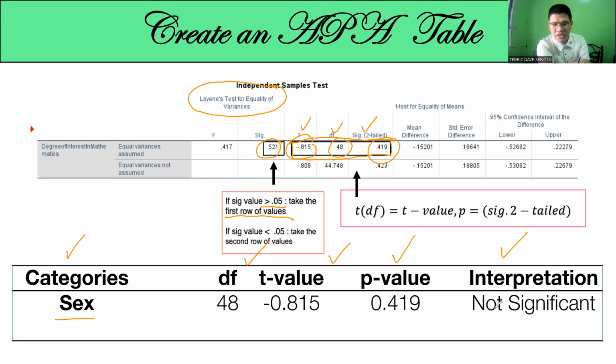And then the interpretation depends on your p-value. Since it is greater than 0.05, you do not reject H0. You do not reject H0.